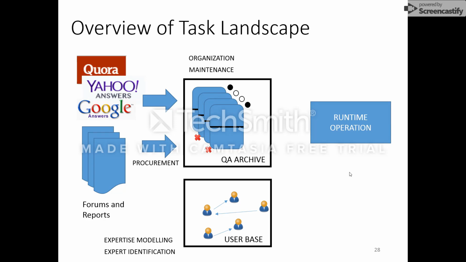And let's look at the runtime operation, which is the most interesting part of the system. The runtime operation would make use of the QA archive as well as the user base and handle a new question. So you have a new question, and that is taken by the runtime engine, which makes use of the QA archive as the primary resource as well as the user base.